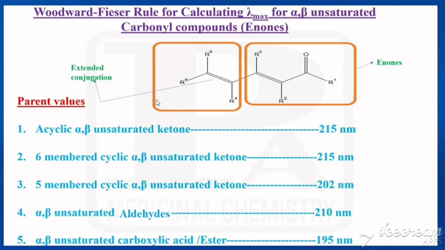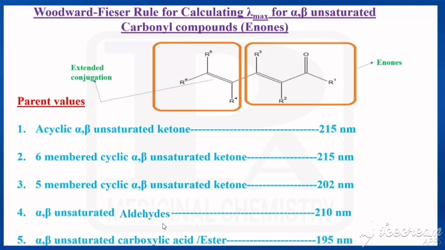Now we are going to see some parent values for calculating lambda max. For an acyclic alpha beta unsaturated ketone, that would be 215 nanometers. If it is a 6-membered cyclic alpha beta unsaturated ketone, the value would be 215 nanometers. If it is a 5-membered cyclic alpha beta unsaturated ketone, the value would be 202 nanometers.